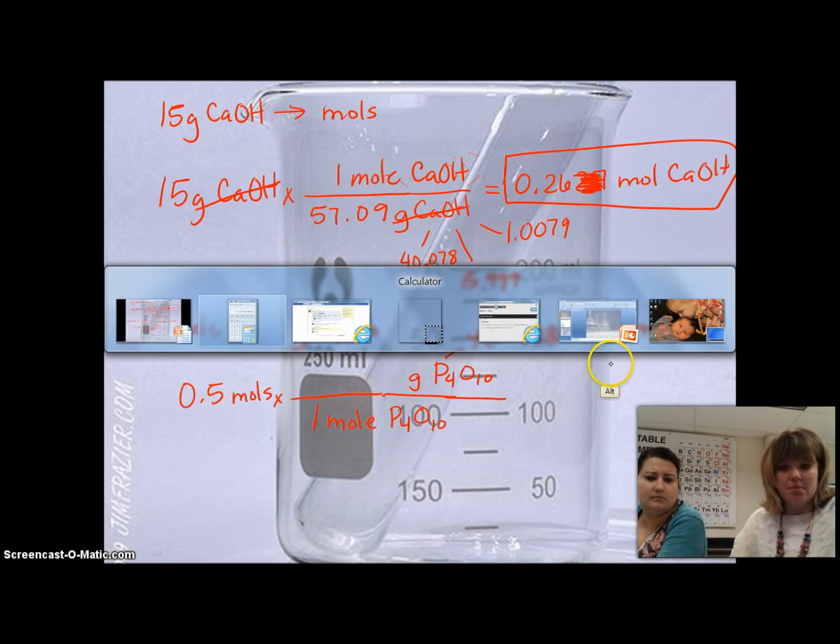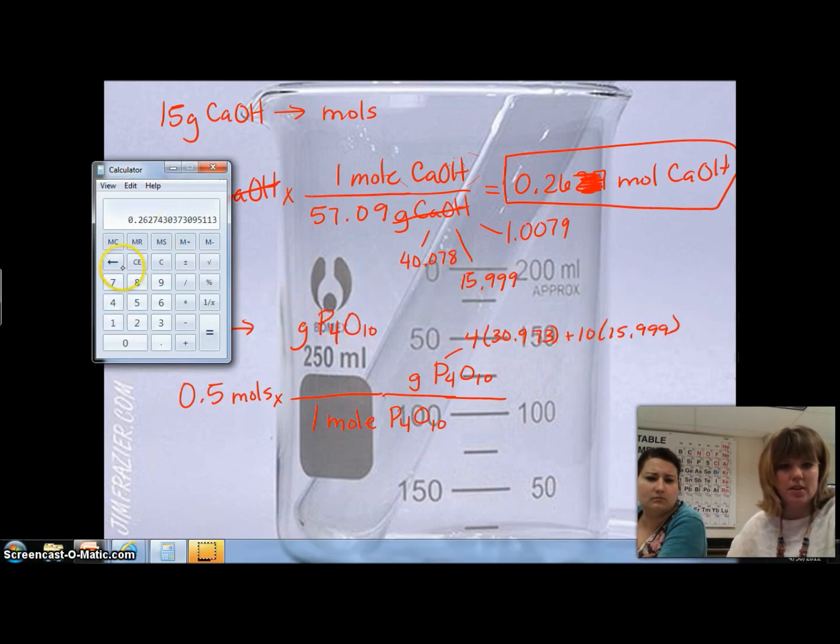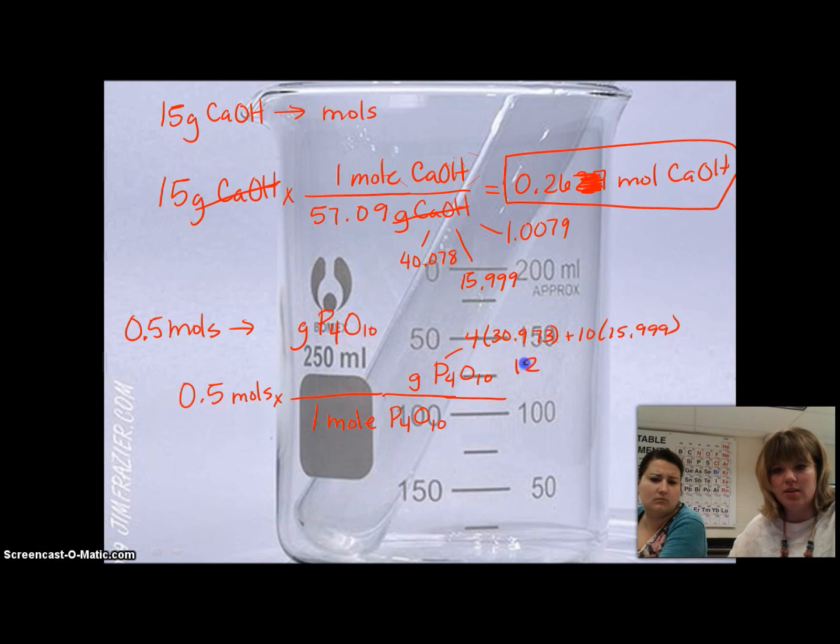So let's go ahead and bring up the calculator. And we got 4 times 30.973 equals 123.89.